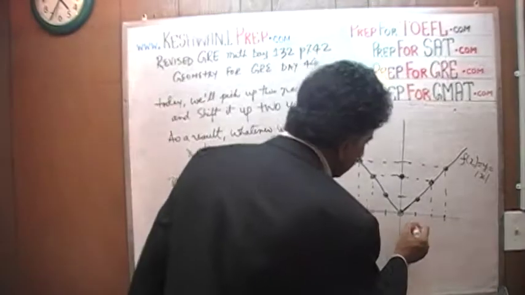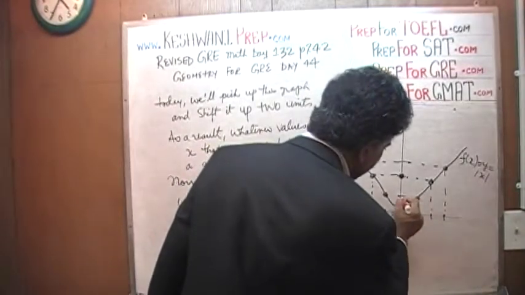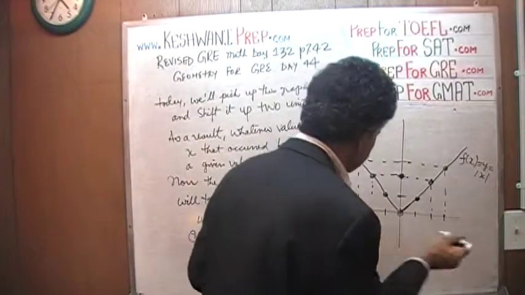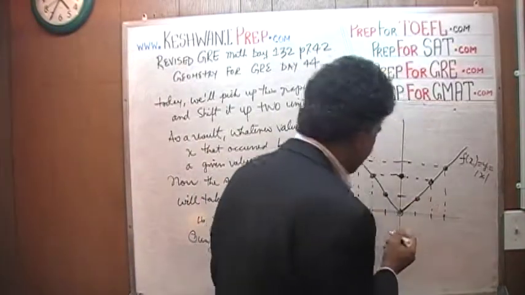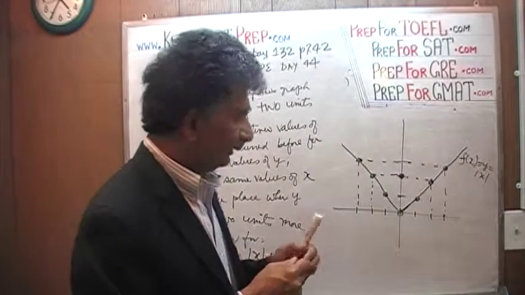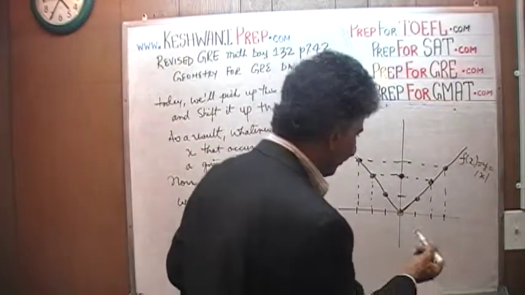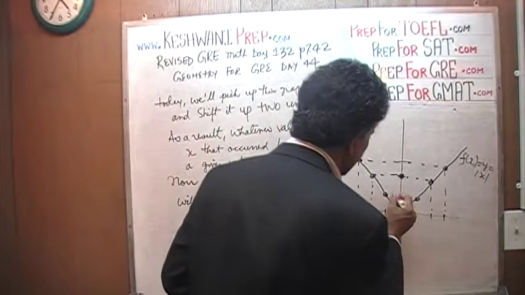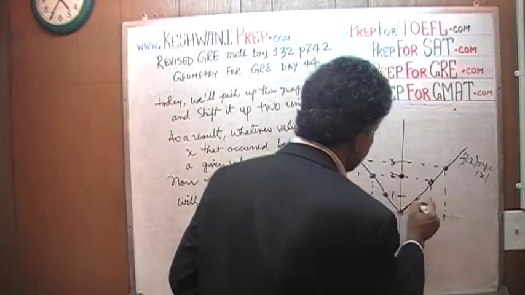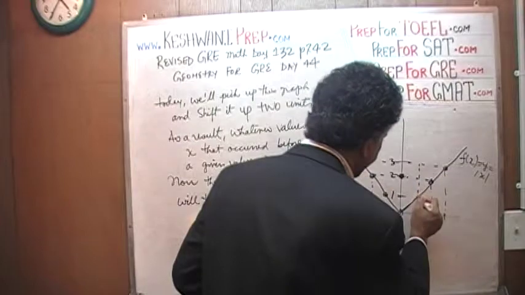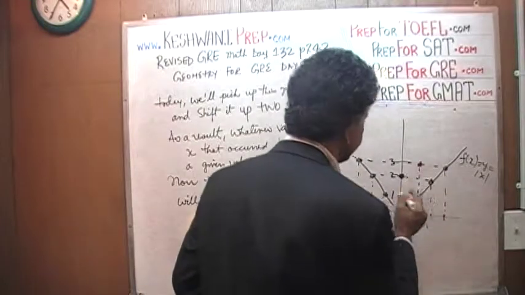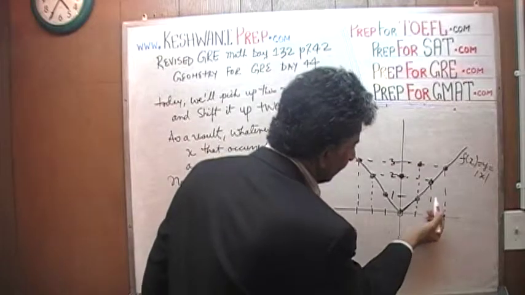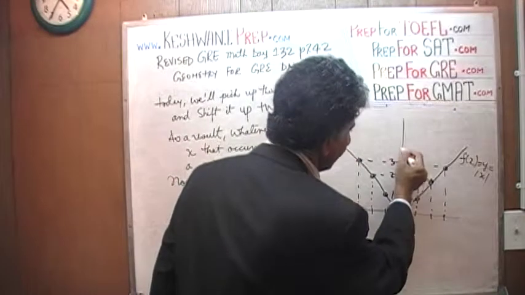Before, y was 1 when x was 1, now when x is 1, y is going to be 3. 1, 2, 3, right here. Before, when x was 2, y was 2. Instead of 2, now it's going to be 4.